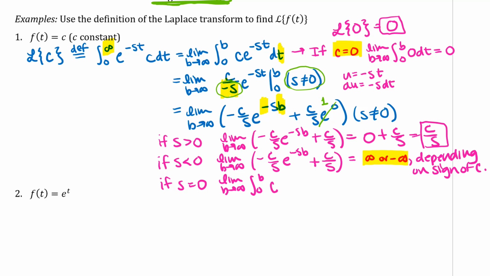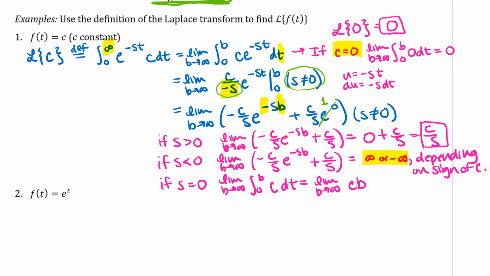So if s is 0, then I just have e to the 0 there. So that whole part is 1. So I just get the integral of c. And so I will get the limit as b approaches infinity of ct evaluated from 0 to b. So I will plug in 0 and b. So I'll get cb.